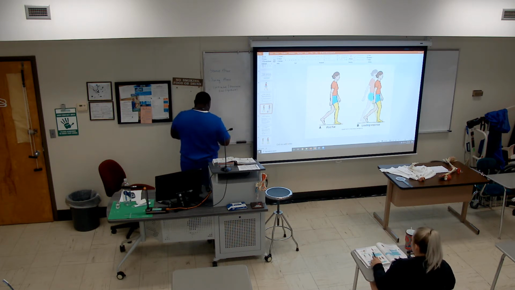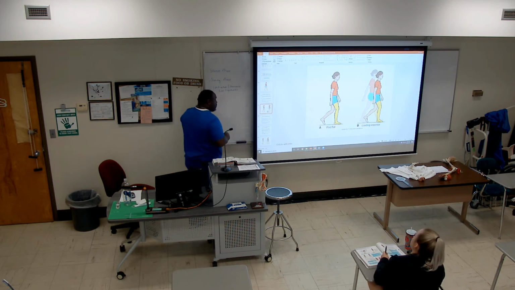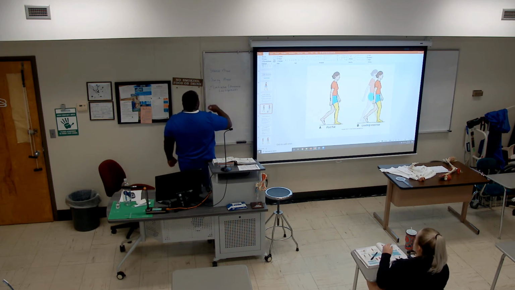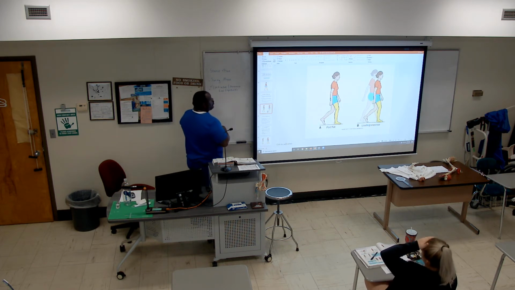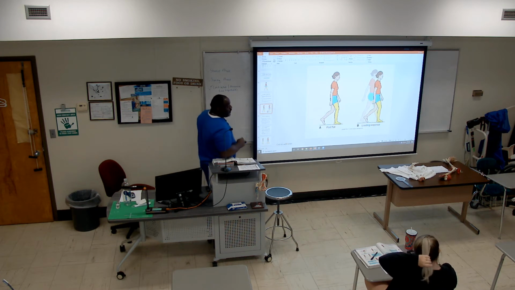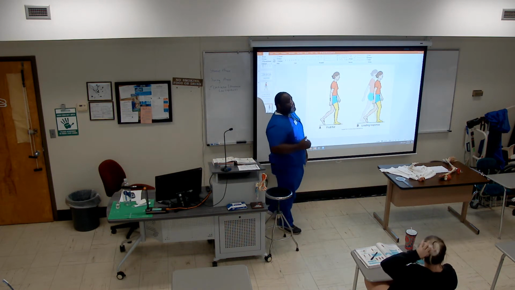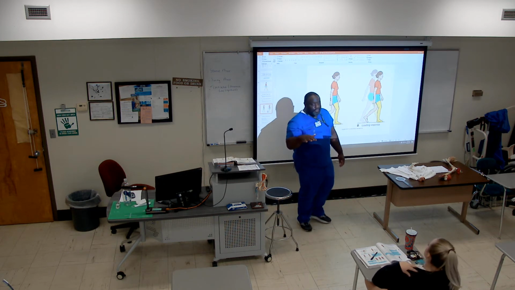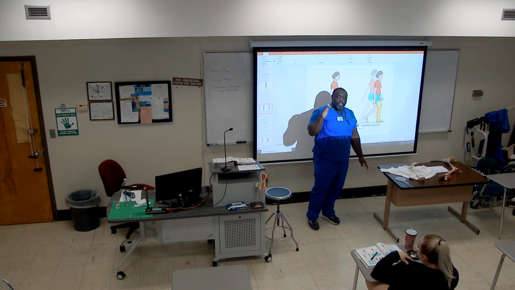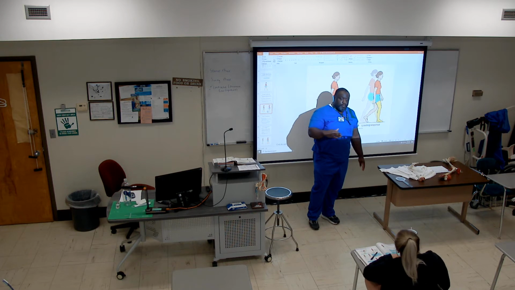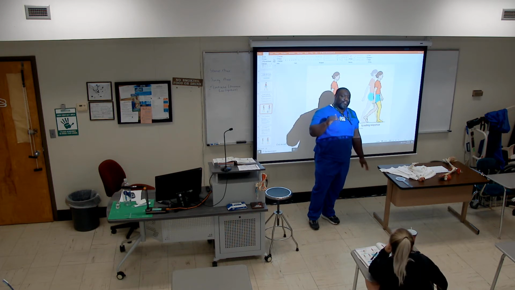Okay, so let's talk about the easiest one to talk about. I have a contracture or significant movement loss. So let's say with my foot, I have a plantar flexion contracture, meaning my foot stays in plantar flexion all of the time.